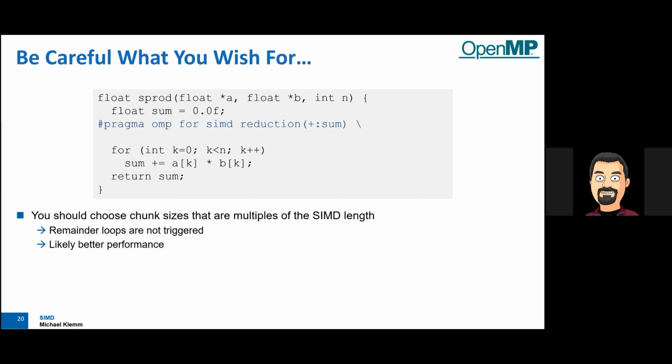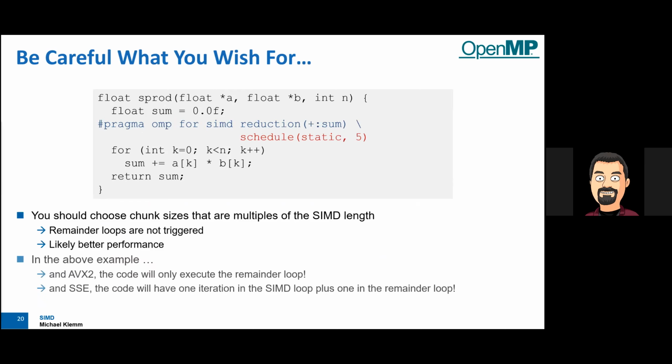All right. Now, the trouble with that is you really need to be careful about what you're asking for. So, if you ask for a schedule with chunk size 5, what will happen is that you'll get chunks of 5, and 5 is usually not a good thing for a vector width. So if you have something like AVX2, the code will only execute in the remainder loop, because with AVX2 you have 8 single precision values in a single vector register.